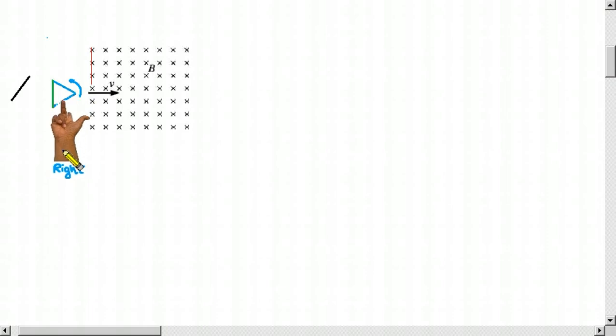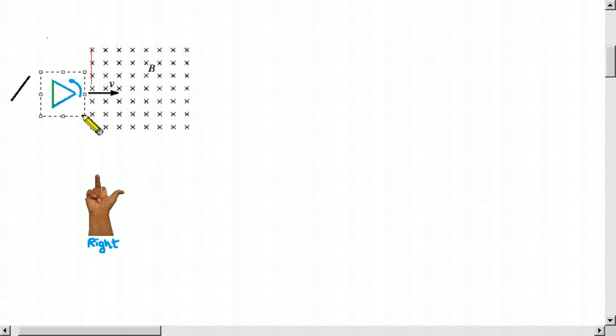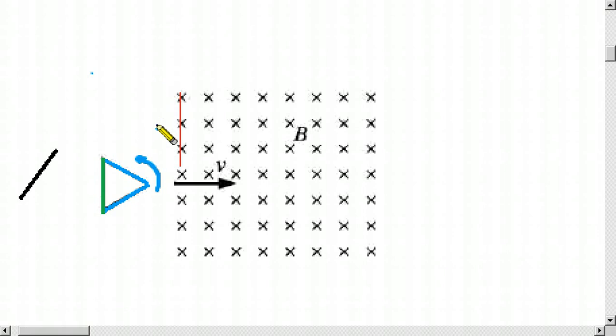So we are talking about this blue color wire. The current is towards upwards, you see. That is why I drew this arrow towards this side. So only the current generated by this blue color wire.